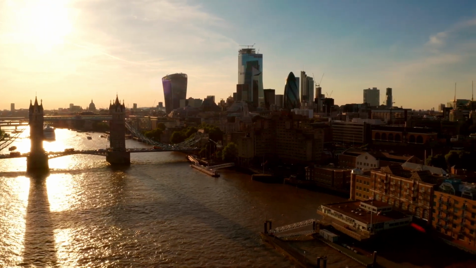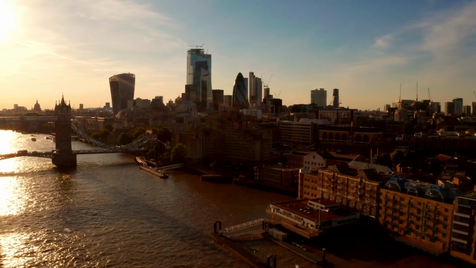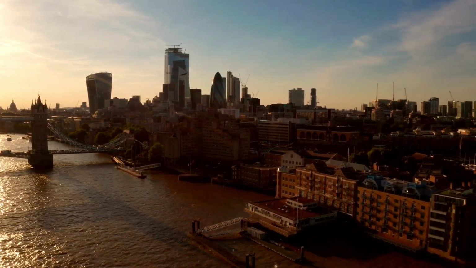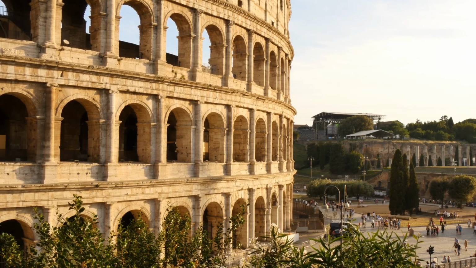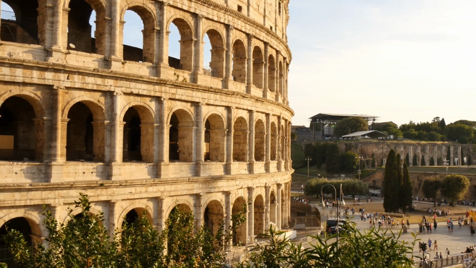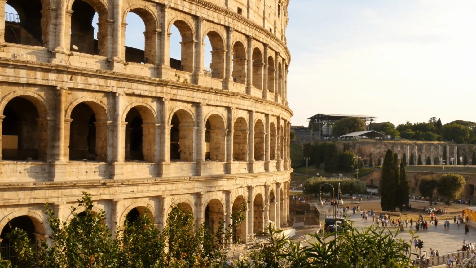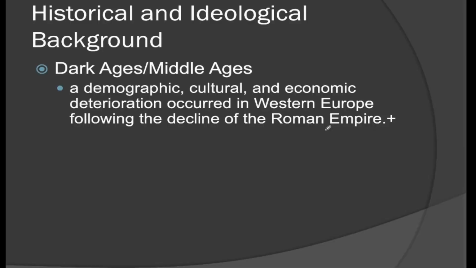This period is described as the lowest point in the European history, where the society is facing a demographic, cultural, and economic deterioration as a consequence of the decline of the Roman Empire. Take note that the decline of the Roman Empire mainly is due to the rise of the Islamic civilization.